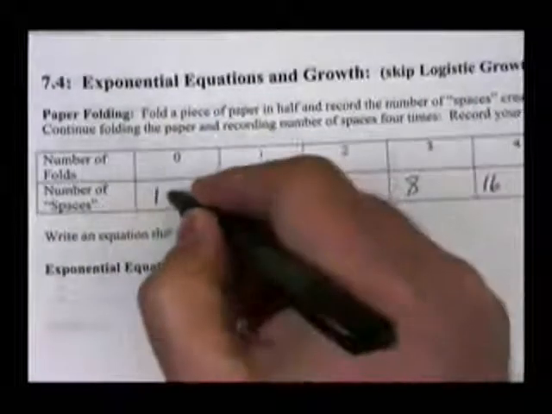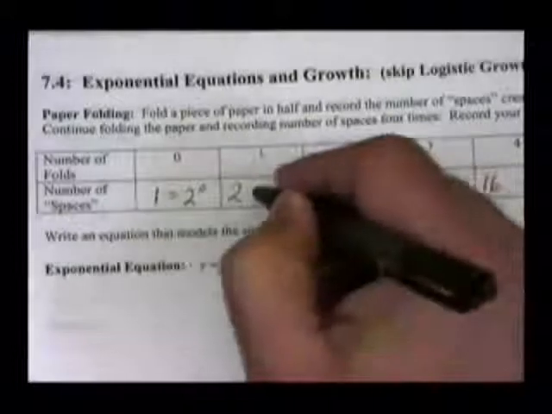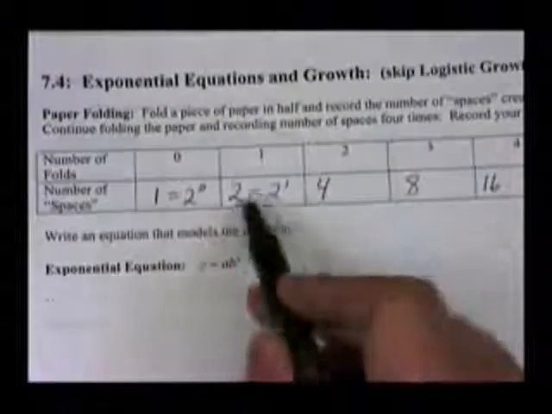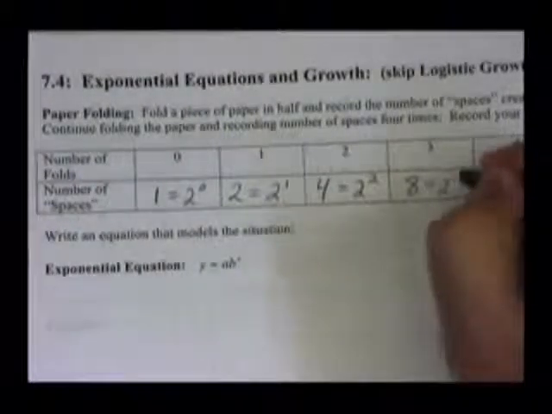Now, when I look at that, I notice that these are all powers of 2. Even this one is 2 to the 0 power, because we remember that anything to the 0 power is always 1. And 2 to the first power would be equal to itself. 2 squared, we remember, is 4. 2 cubed is 8. 2 to the 4th is 16.